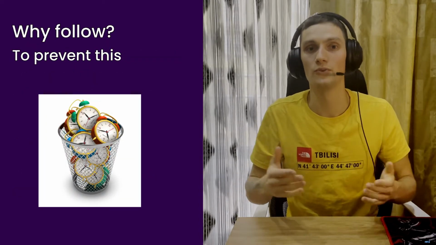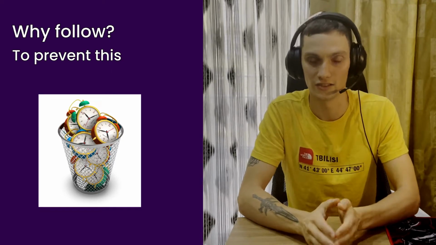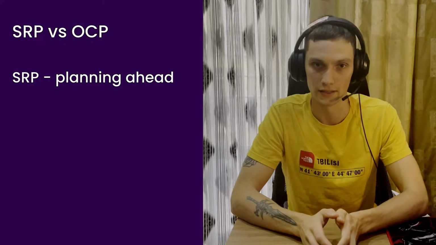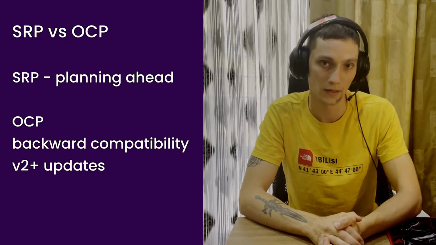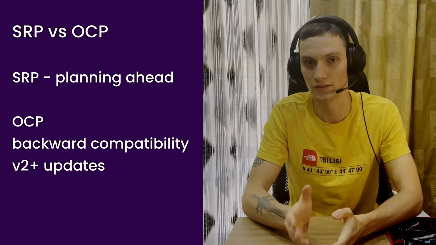So it would be a good idea to add new code instead of adding changes to the old one. A couple of words about SRP and OCP. SRP, single responsibility rule, is more about planning architecture ahead, and the open-close principle is more about backward compatibility and adding changes to version 2+.